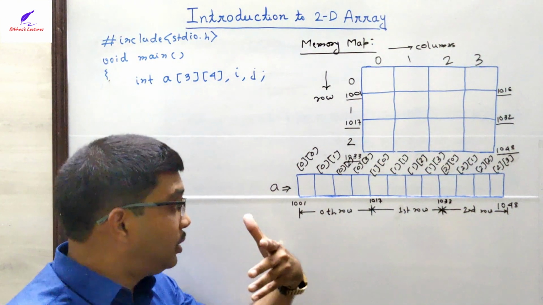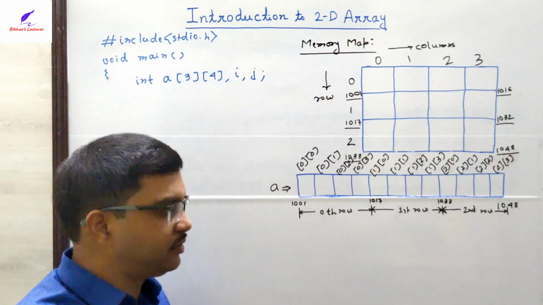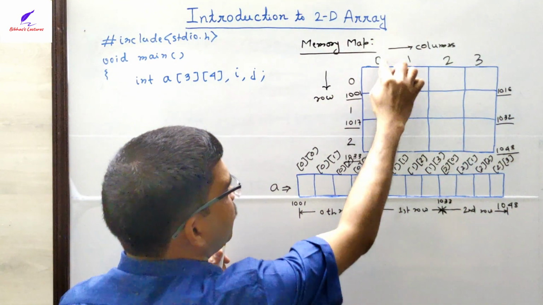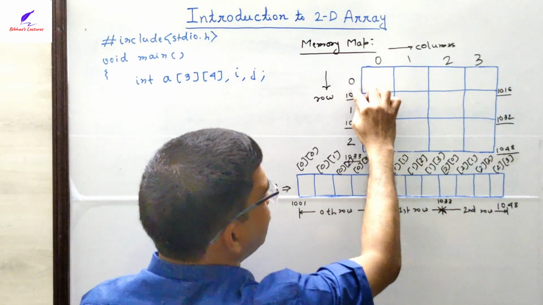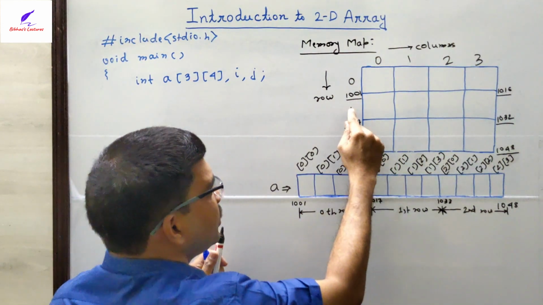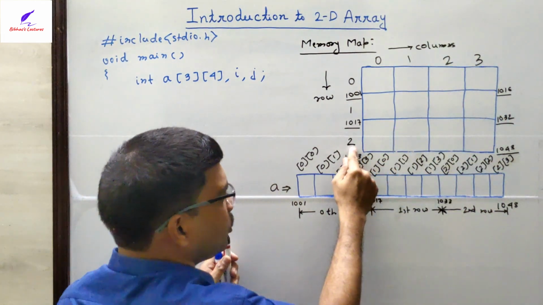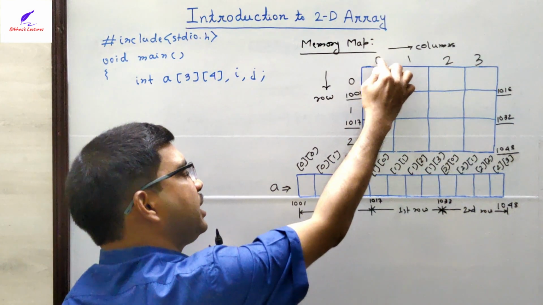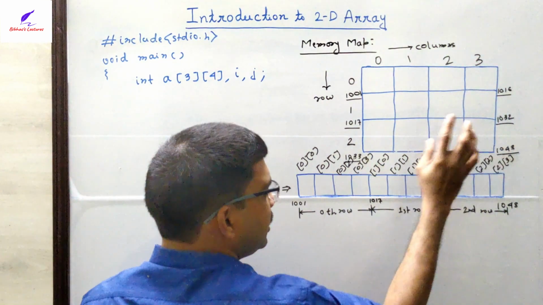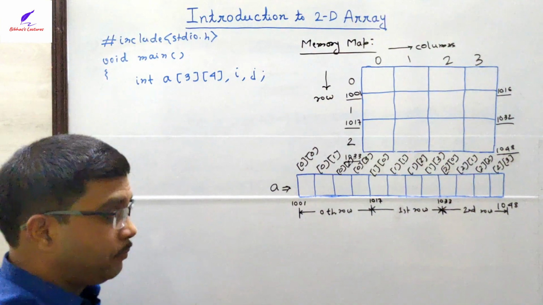So this is row index 0, column index 0; this is 0 1, this is 0 2, this is 0 3. In the next row it is 1 0, 1 1, 1 2 and 1 3. For the final row, the row index is 2, but the column index again starts from 0, so it will be 2 0, 2 1, 2 2 and finally 2 3. I have mentioned all the pairs of indices for better understanding.